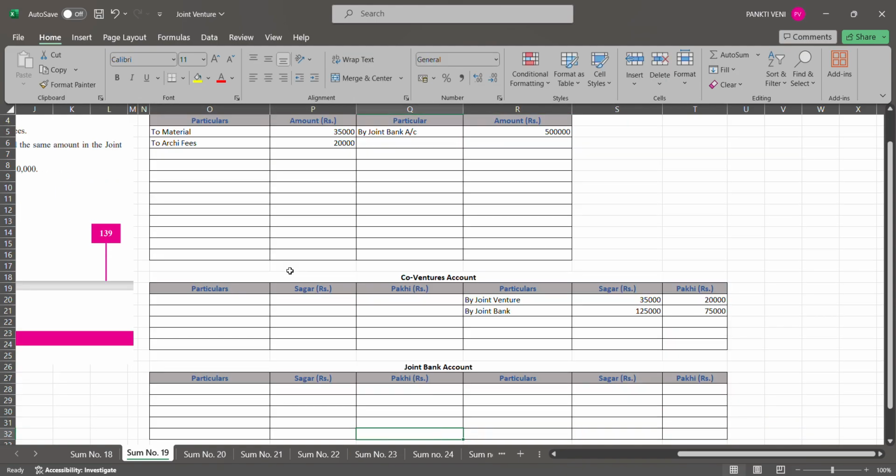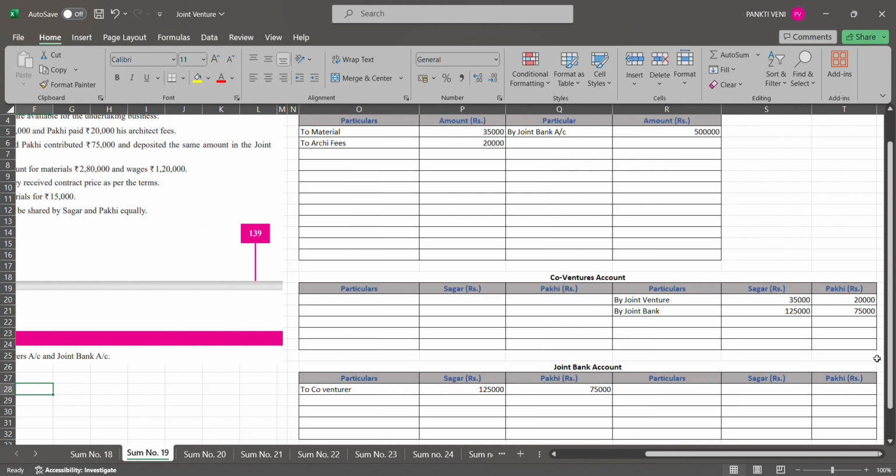And here under joint bank, it will be to co-venturer, 1,25,000 and 75,000. So 1,25,000 and 75,000 is done.